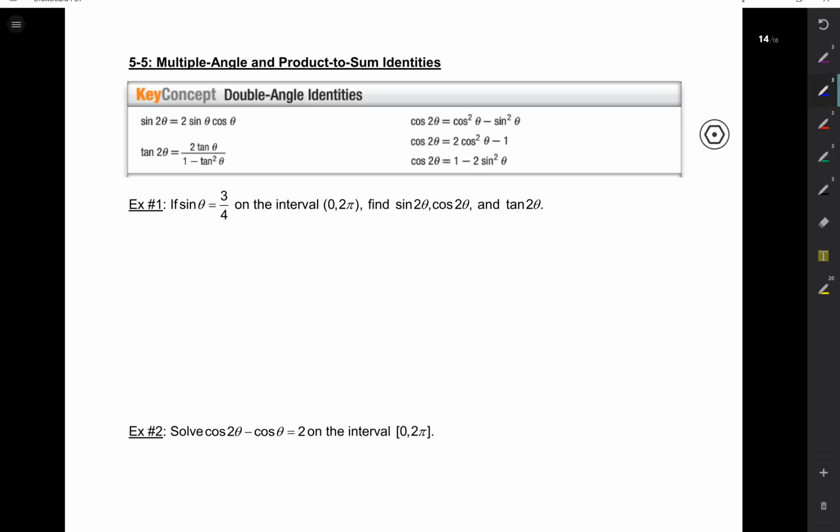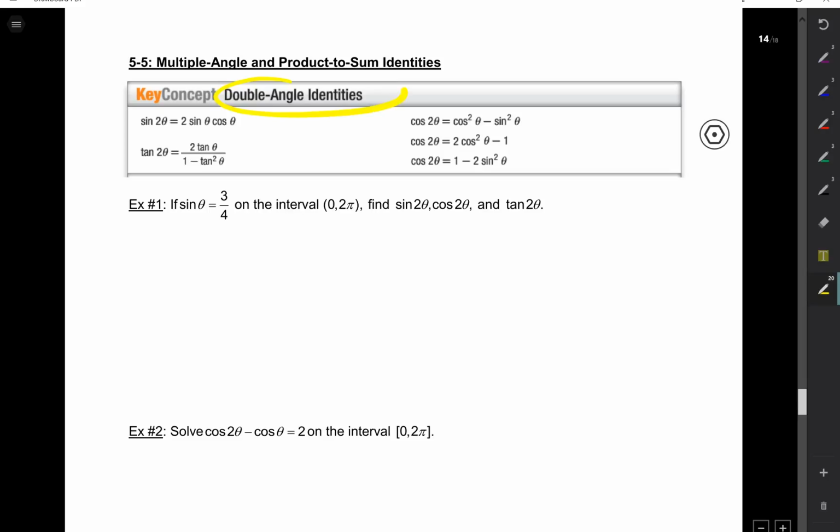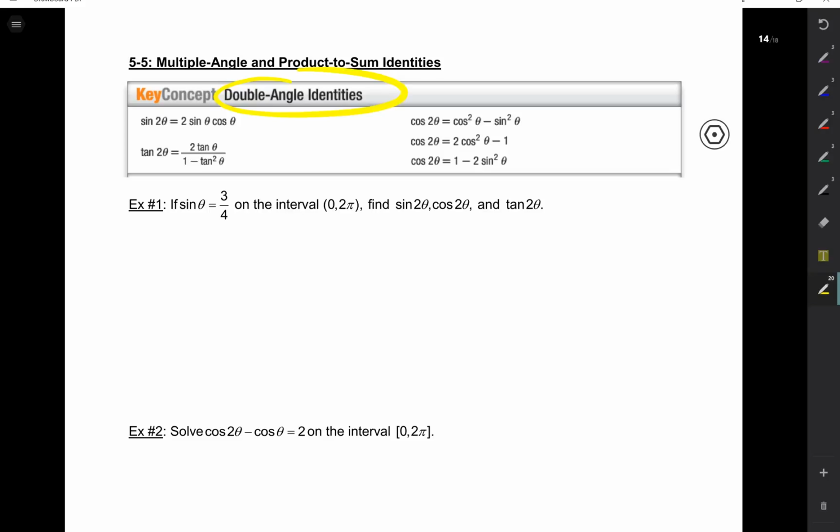All right, so the first of the identities we're going to talk about are these double angle identities. So far, we've just had sine, cosine, tangent of just theta. Now what we have here is sine of 2 theta.